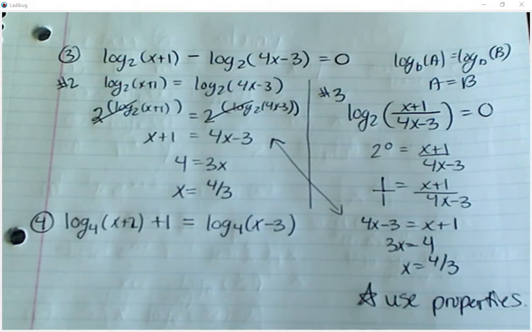Yeah, okay, so you might need to combine the logs, or you might need to turn a plus into a log, so that you can either get one log equals one log, or you combine all of them in a number on the other side. Right? So think about your formats and how you can make it look like that to move forward.